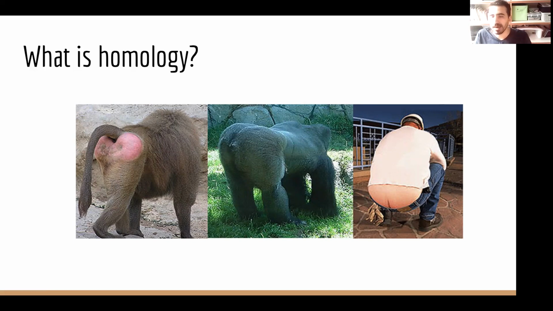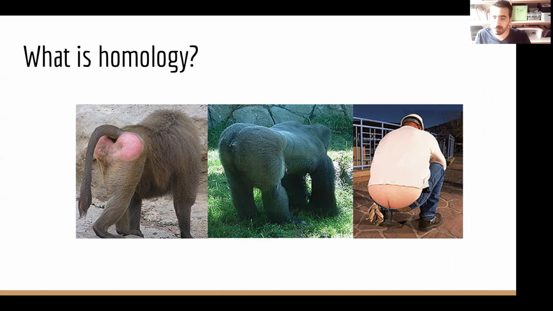But similarity and homology are often mixed, and they are not necessarily interchangeable terms. Homologous units are generally similar, but not all similar units are necessarily homologous. So we have to be careful about that.